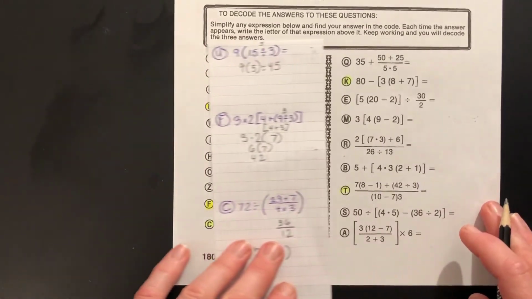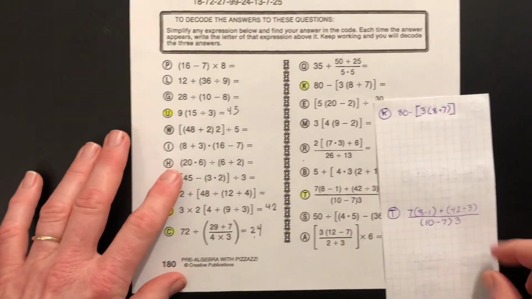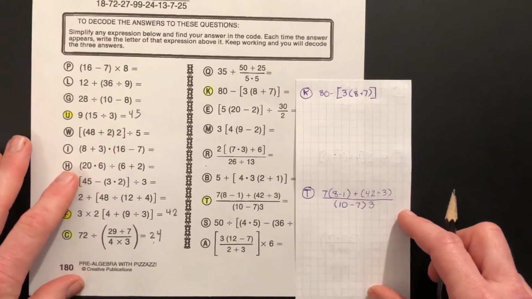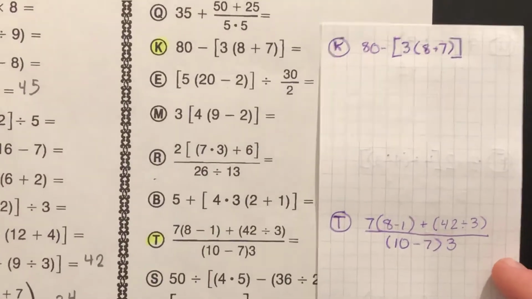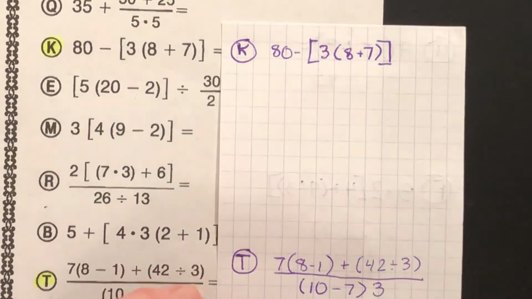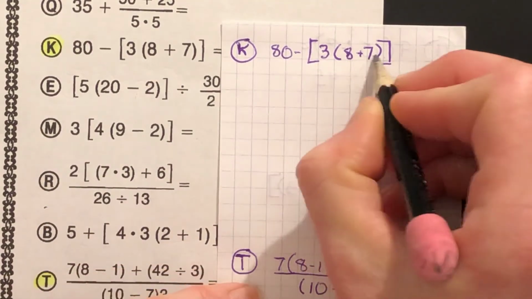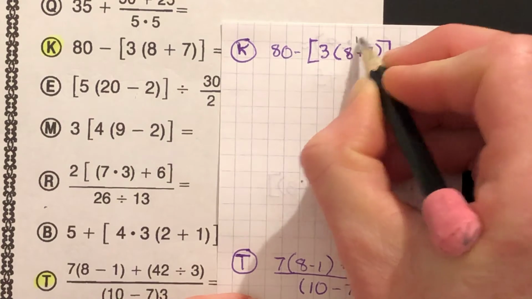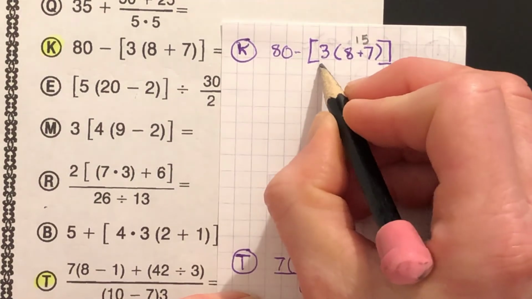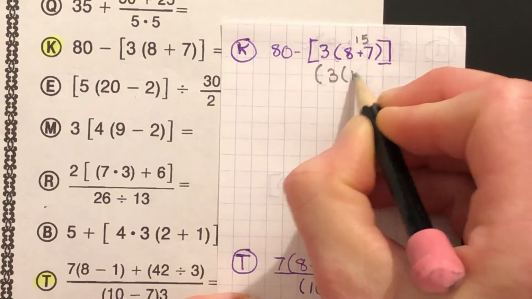And on this side, we'll do K and T together. Start with K. Grouping within a grouping, we'll work on this, starting with 8 plus 7 is 15. So then I have 3 times 15.